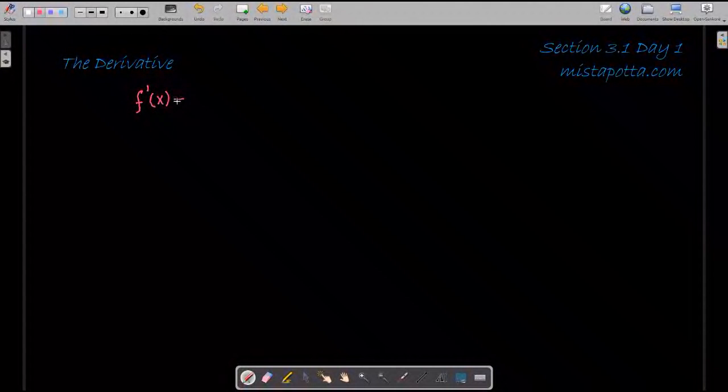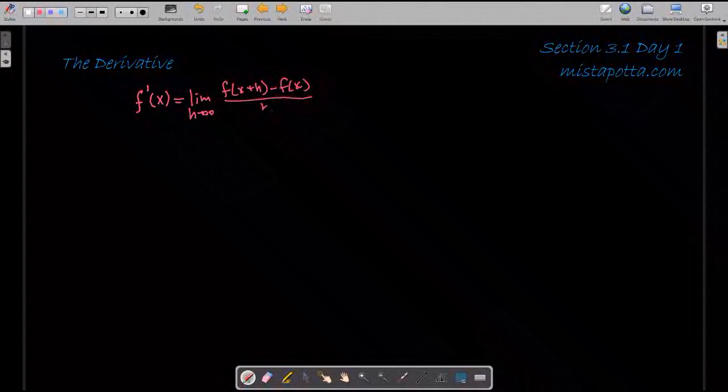And this is equal to the limit as h approaches 0 of f of x plus h minus f of x over h. And this is one notation that we have.